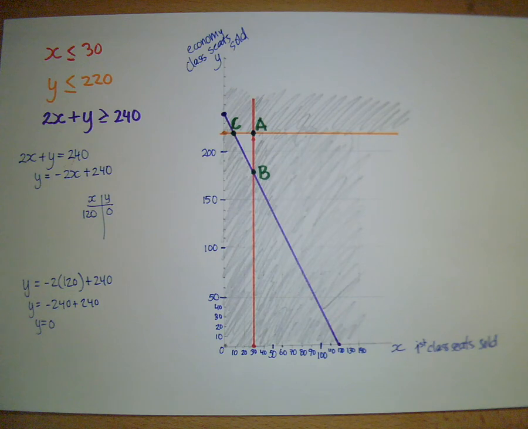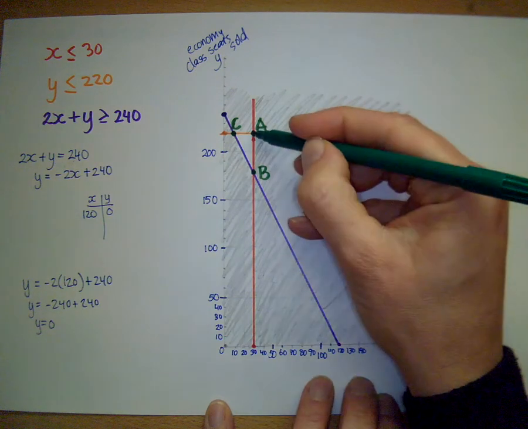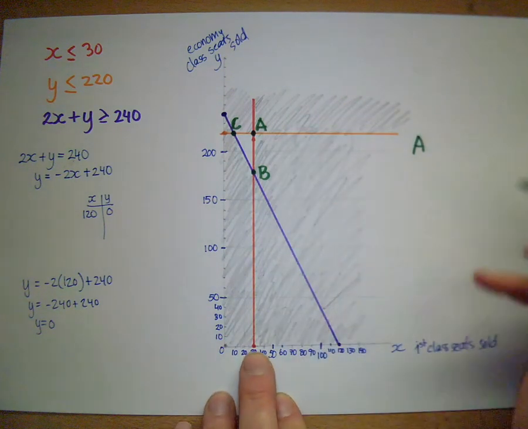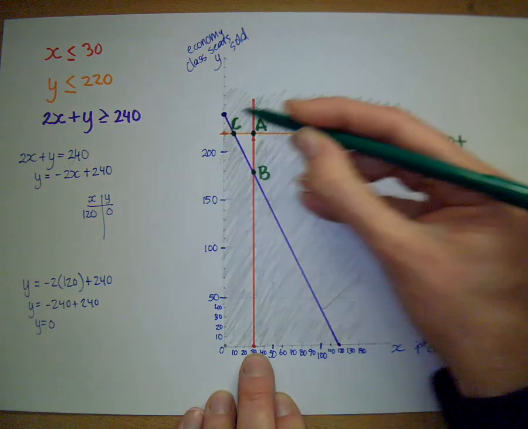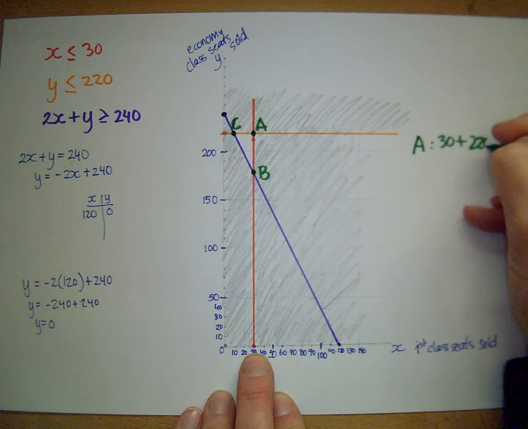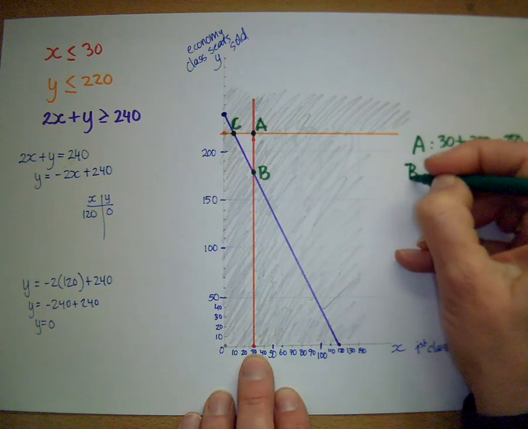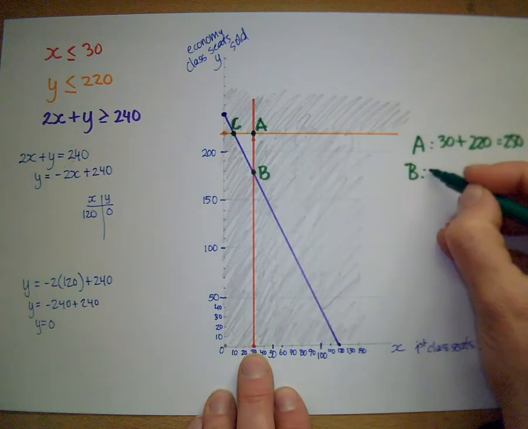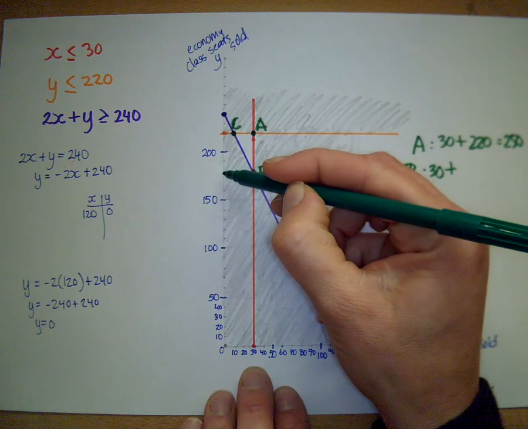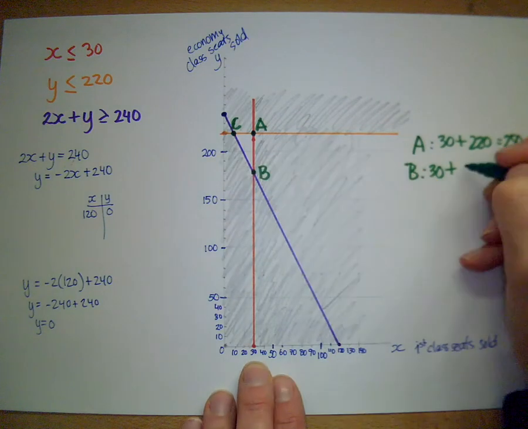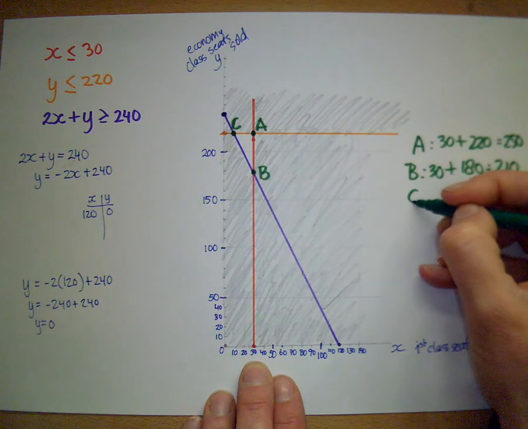If this was a really nice graph, let's say at point A, we've sold 30 first class seats and 220 economy class, so 250 in total. Point B, we've sold 30 first class, and this is actually 180, yes, which gives 210 in total.